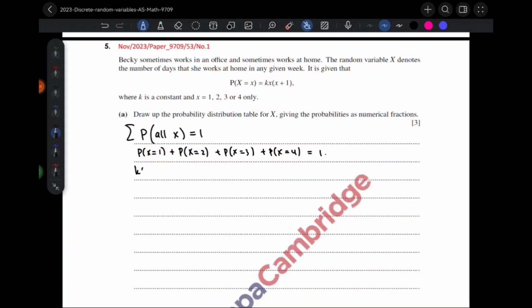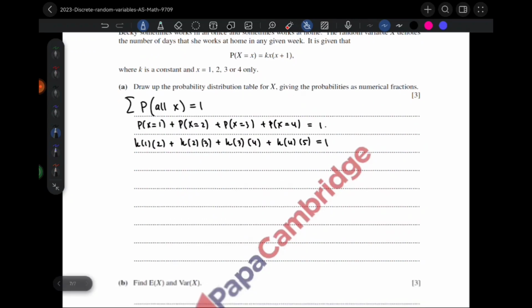So we have k times 1 times 2, because this is x plus 1, and 1 plus 1 is 2. k times 2 times 3. This is k times 3 times 4. This is k times 4 times 5 equals 1. That's nice. Alright, so this is 2k.